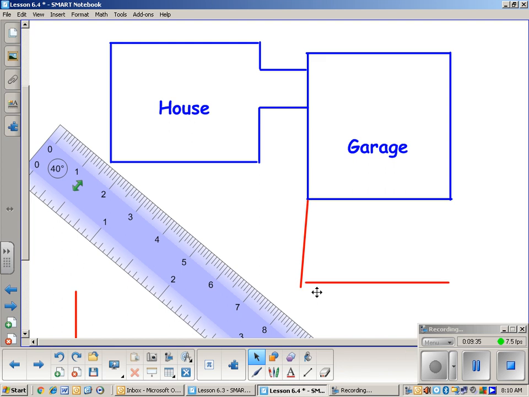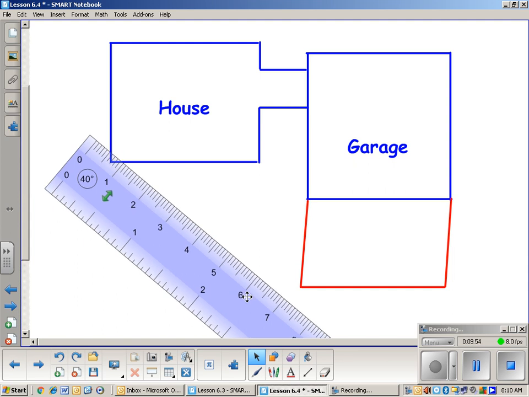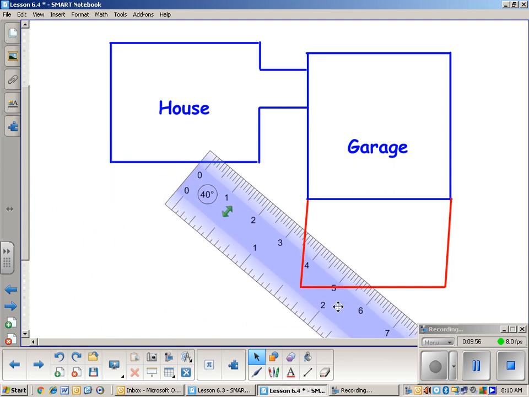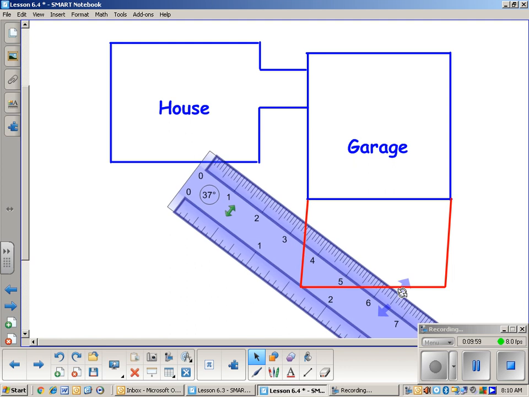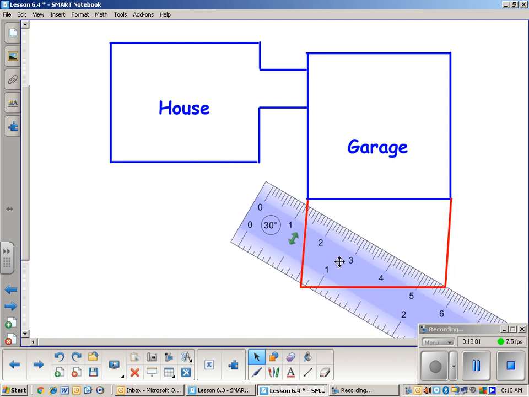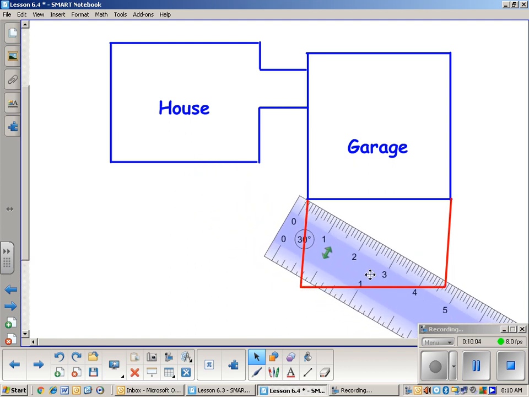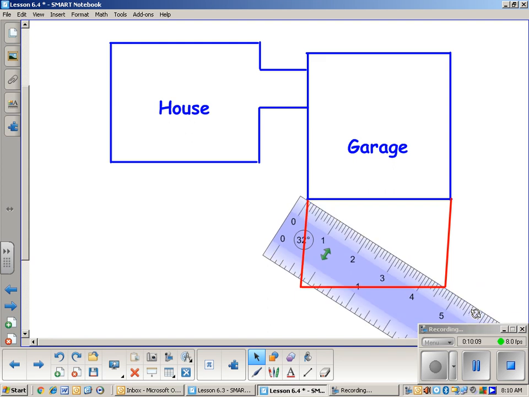And I'm going to exaggerate this a little bit so that you can see it's obviously not square. It obviously looks not square, right? I just wanted to show you that if I take my tape measure... 5, we say.